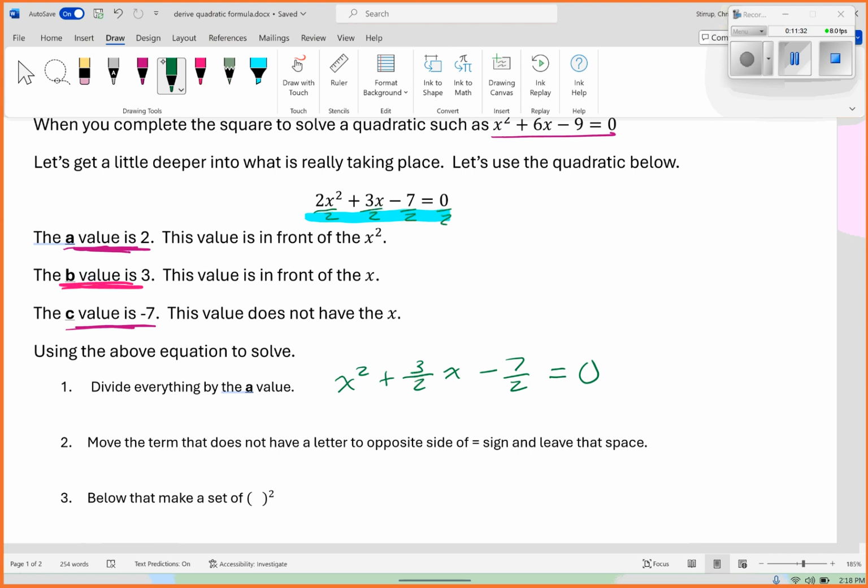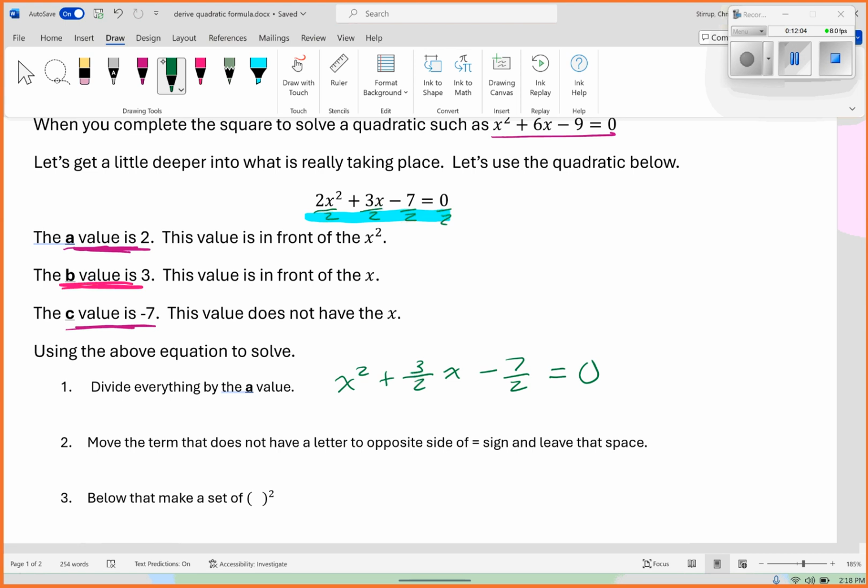Do you feel comfortable so far with what we've done? Okay, nothing too bad? Did I satisfy number 1 on there? Divide everything by the a value. Does everyone feel comfortable I did that direction? Okay. Move the term that does not have a letter to the opposite side of the equal sign and leave that space.